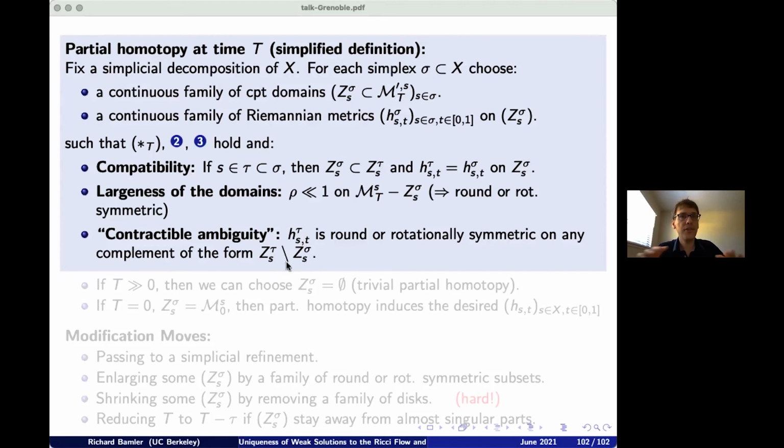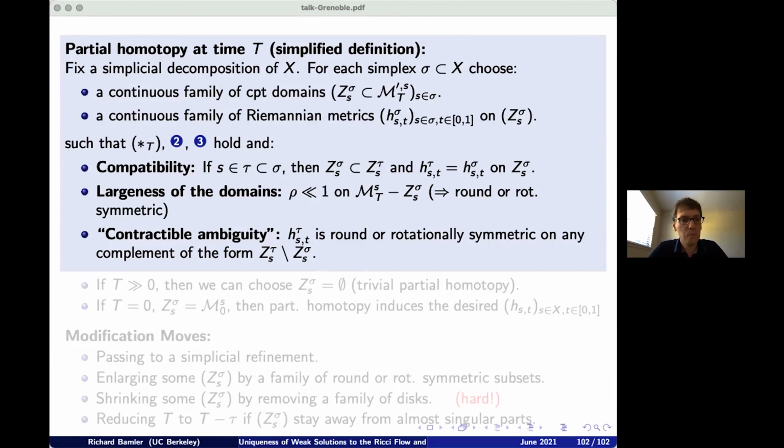So whenever I've defined H over a smaller simplex and then over a larger domain, the part that's missing over the other simplex should just be round or rotationally symmetric. If there's some ambiguity later, I'm only dealing with round or rotationally symmetric metrics, and the space of such metrics is contractible. So I can always make some changes there, and it's not going to cause so many problems.